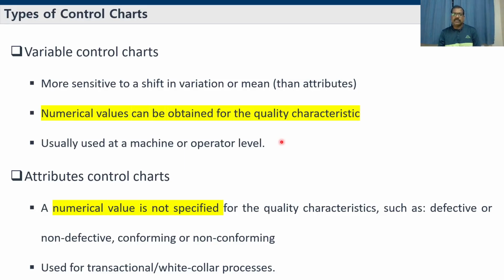Numerical values can be obtained for the quality characteristics with variable control charts, but in attribute charts we won't get the numerical value; we get defective or non-defective, accepted or not accepted, for the quality characteristic.